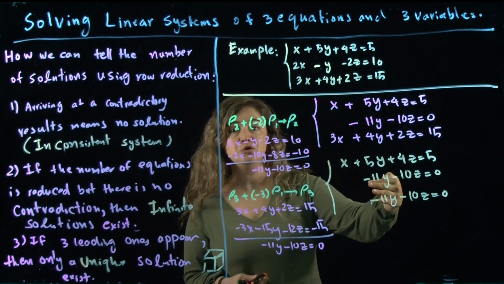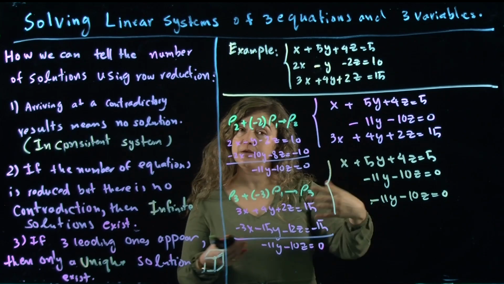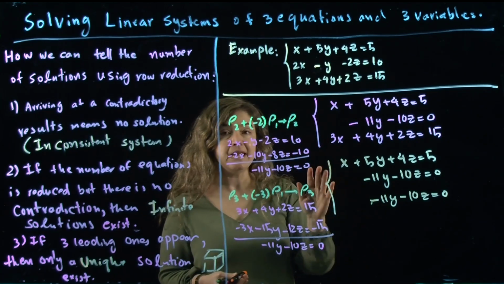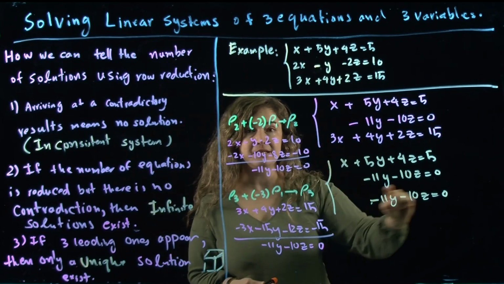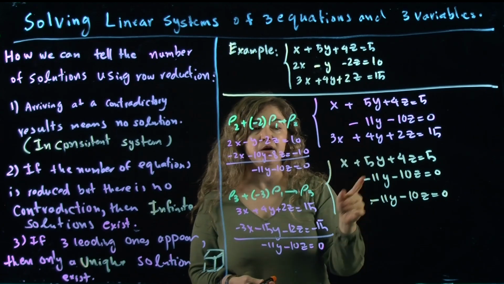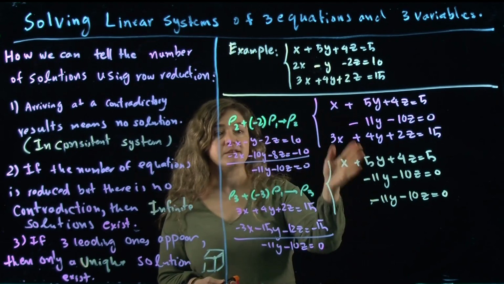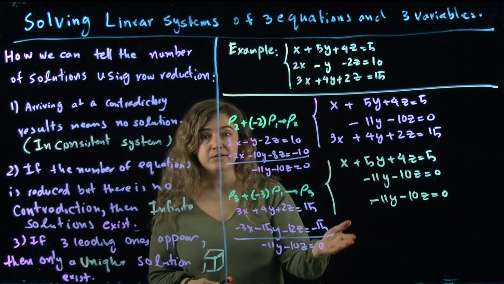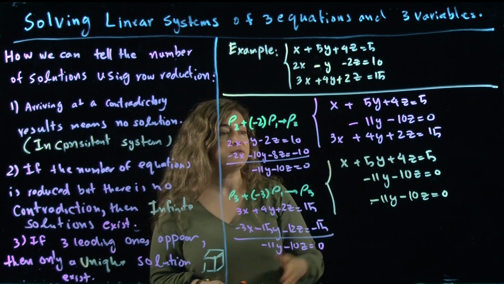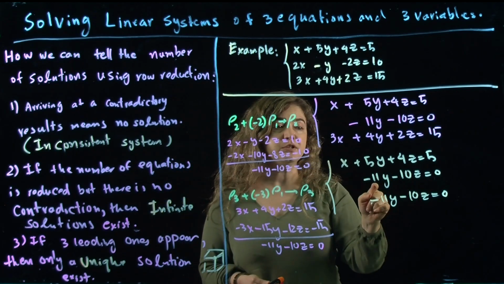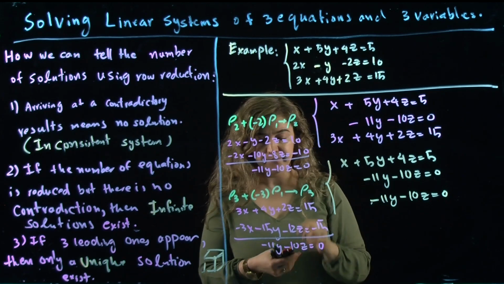If you want to continue with the method of bookkeeping that we discussed, and this is actually a good idea, the next step is to create a leading one for y. Because we created a leading one for x, we eliminated x in the other rows that come after. Now it's time to create a leading one for y.